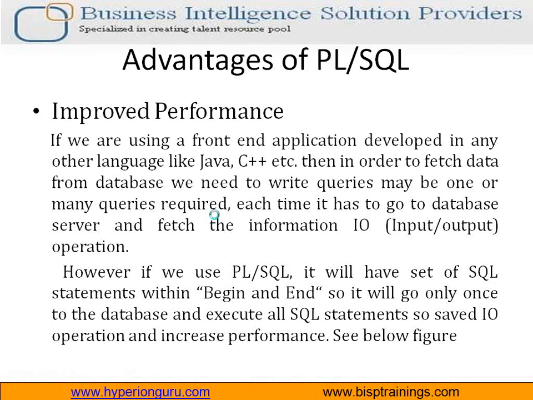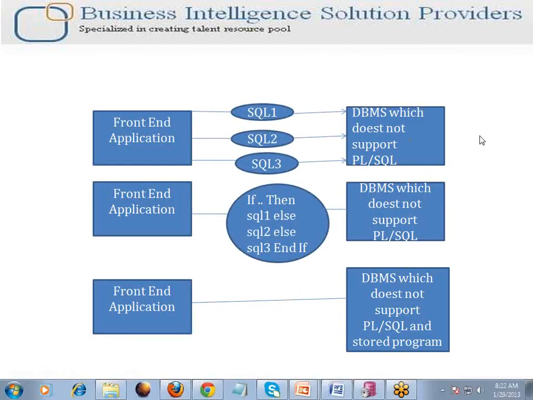I'll show you in the next slide. You can see the front-end application, which may be developed in Java. If you require information from the database, you have to write the first SQL, the second SQL. There may be n number of SQLs. What happens?